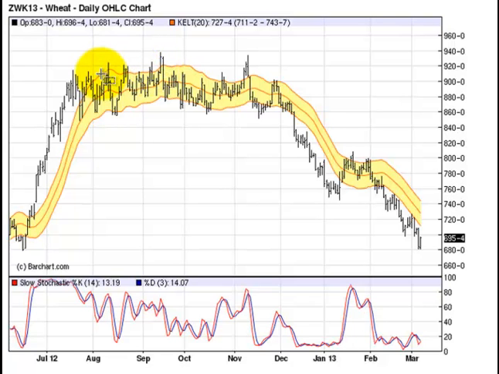Now, what do we mean when we say resistance? We mean price resistance. The price couldn't seem to go any higher than this 920 range. Then the market found itself in a sideways range between roughly 940 and 840.